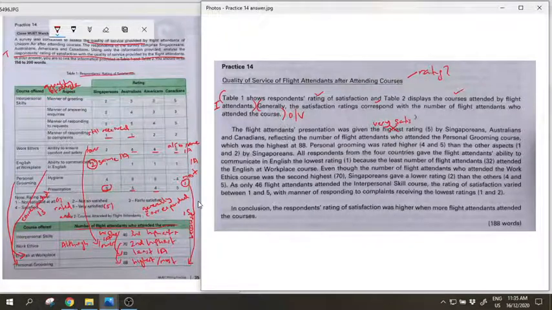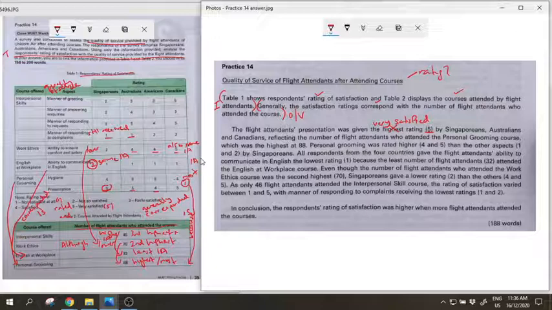Very dangerous. Unless you want to say they have higher ratings compared to others, for example presentation had higher ratings compared to interpersonal skills. Then you can use higher or lower, because you're doing a comparison. But if you're giving the data, like here, then you have to put the rubric here. What for pandai pandai, put like that.